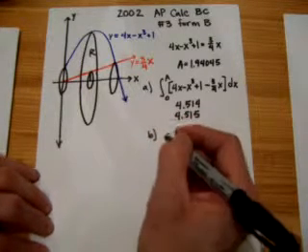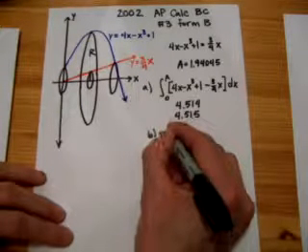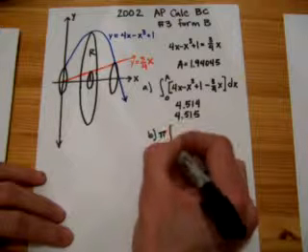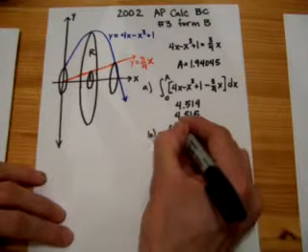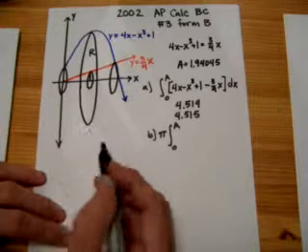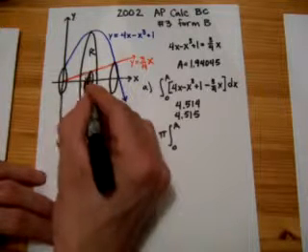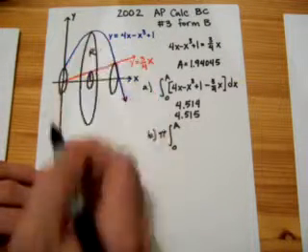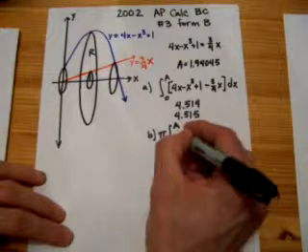So the volume is going to be pi times the integral from 0 to A of the big radius, which is from the x-axis up to the blue line, squared.